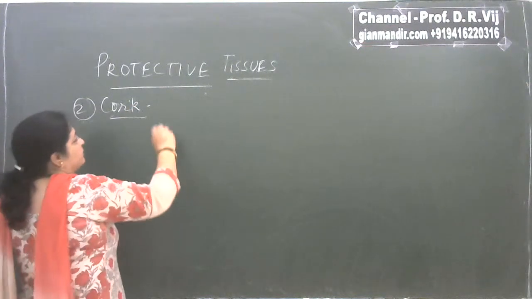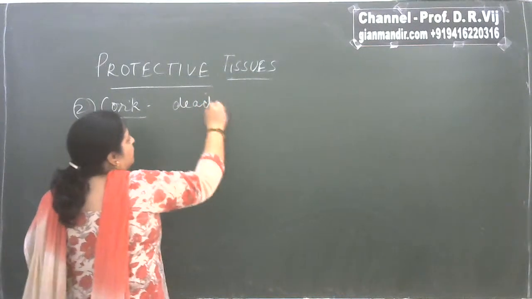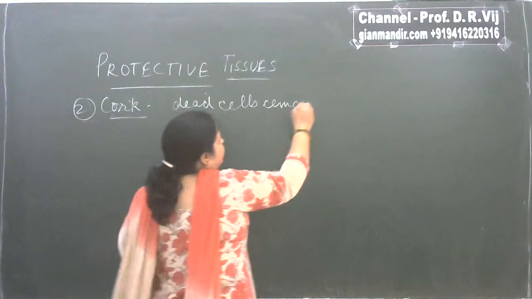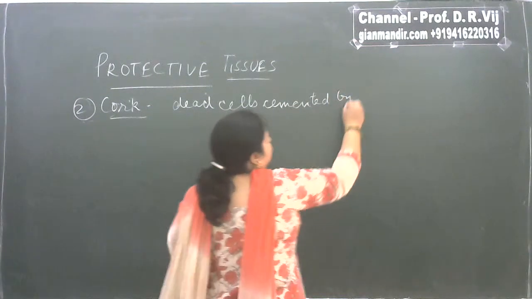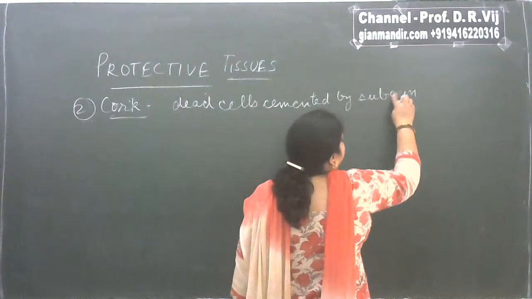Cork is made up of dead cells cemented by a deposition called suberin.